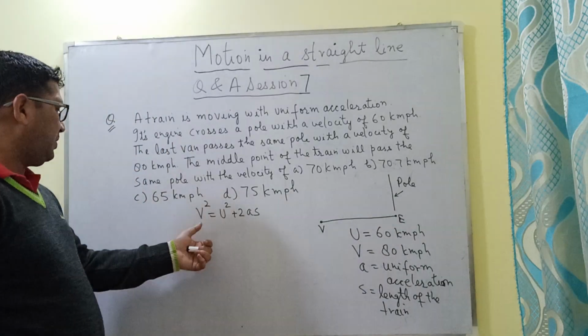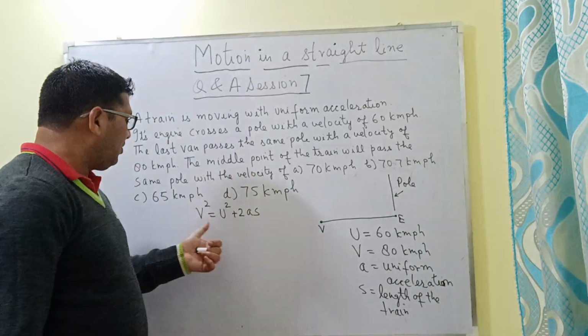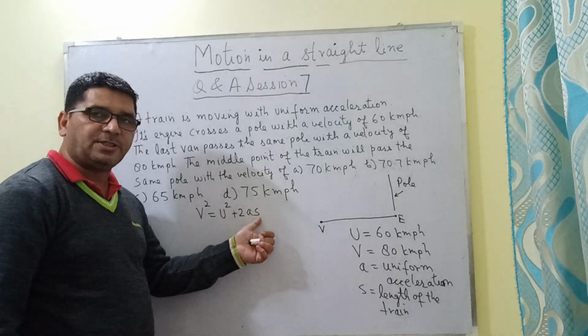So this is the equation of motion where u is the initial velocity, v is the final velocity, a is the uniform acceleration, and s is the distance covered.